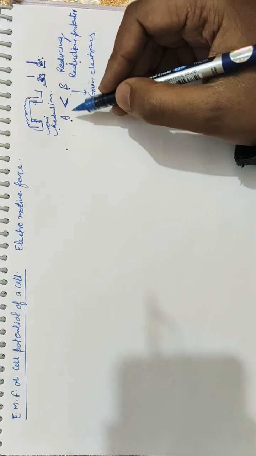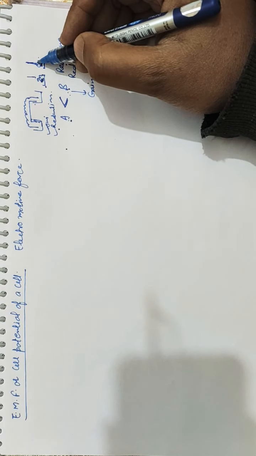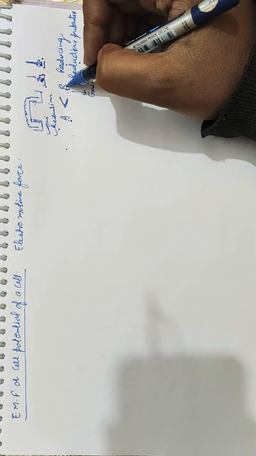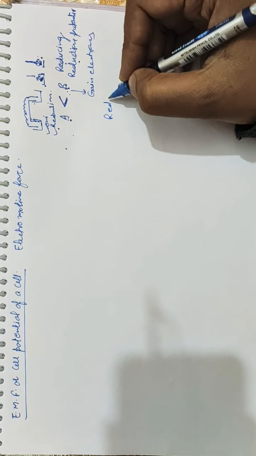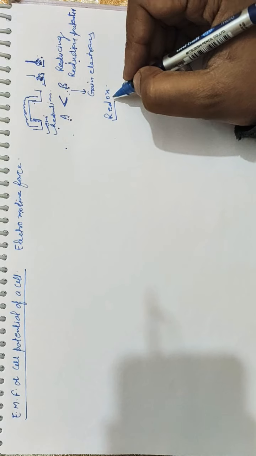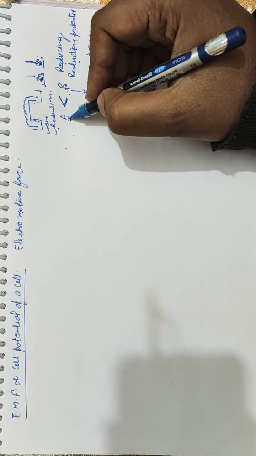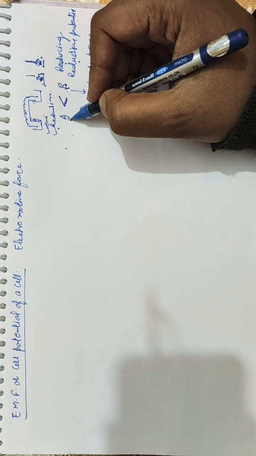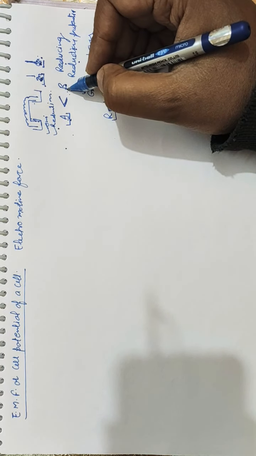So when we connect A and B as electrodes in an electrochemical cell, B will gain electrons due to its higher potential of gaining electrons. And as I told you, redox reactions always go side by side. It means when reduction is taking place at a particular metal, there must be oxidation connected to it somewhere. So here the A electrode will lose electrons. Automatically A will undergo oxidation and B will undergo reduction due to its higher reduction potential as compared to A.